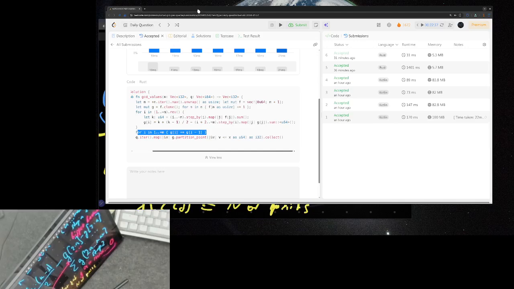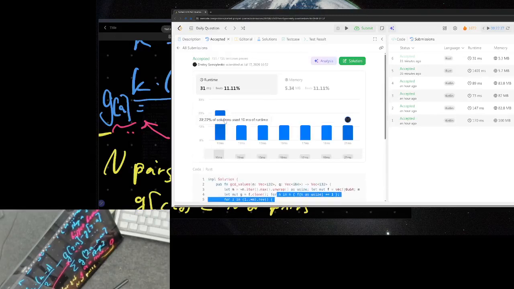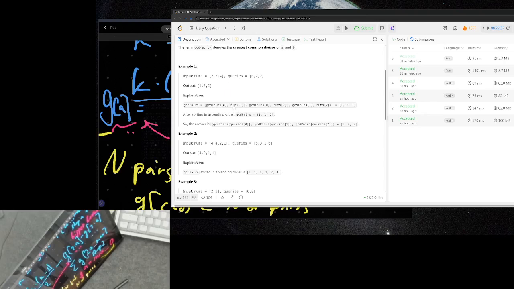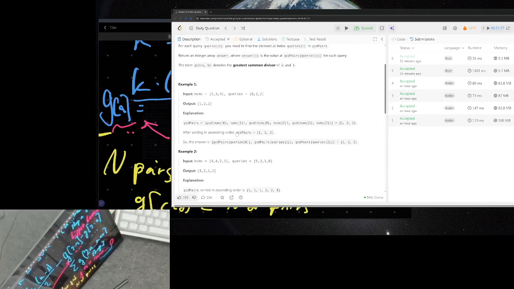Okay, the hardness of this problem is not the code itself. It's that you're looking at this like numbers, and you don't have a clue how you can go from the numbers to pairs if you have this big count of numbers, like 10 to the power of 5.